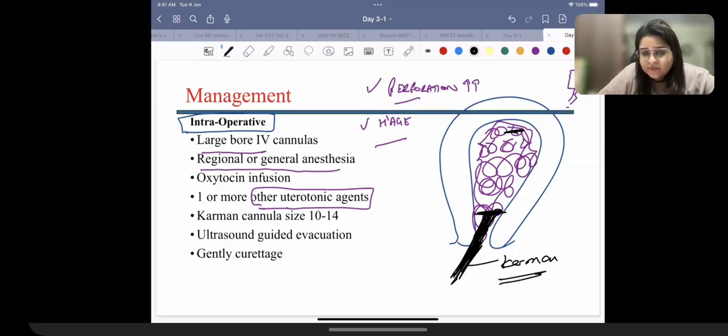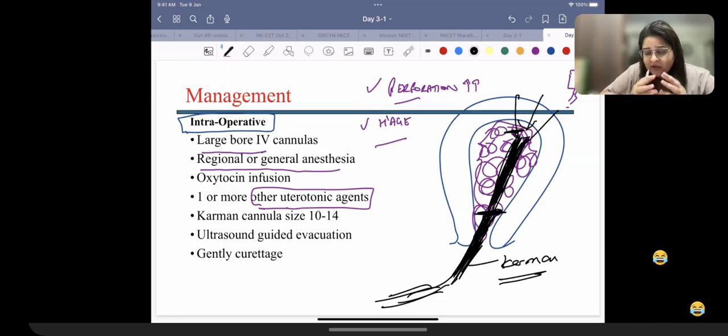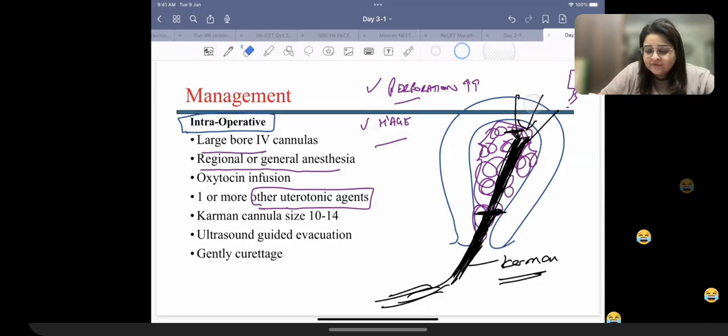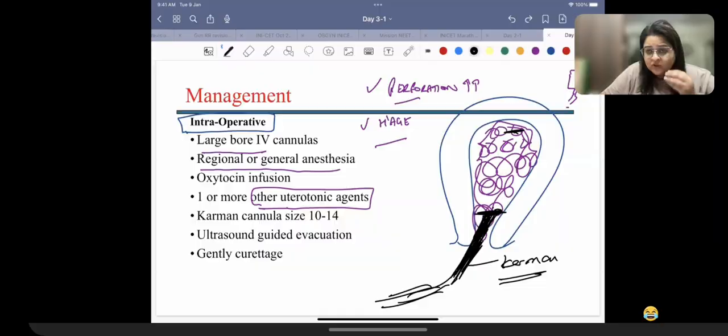You will put it just beyond the os, switch on the machine, all the products come out, and the uterus will contract down. Suppose your instrument went till here and you started the process. What's going to happen as the uterus comes down in size? It's going to perforate the uterus. So just go a little bit beyond the os. You don't want to cause a perforation, so don't go beyond the internal os too much.